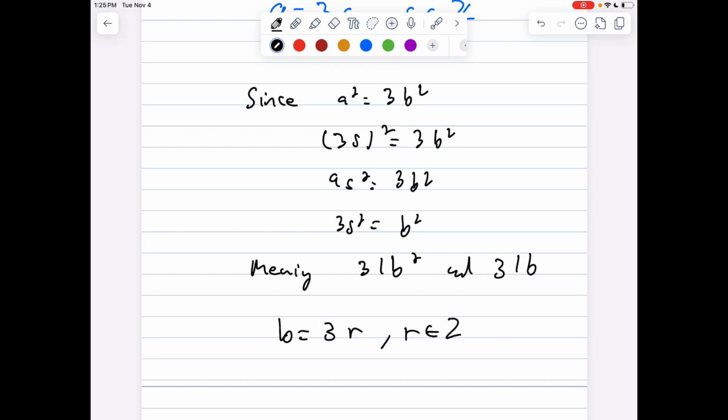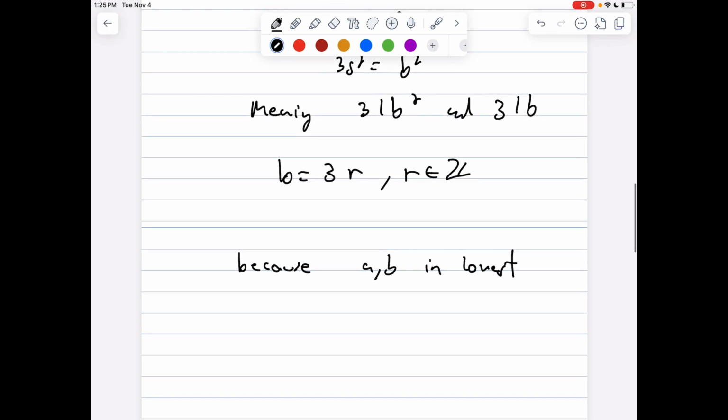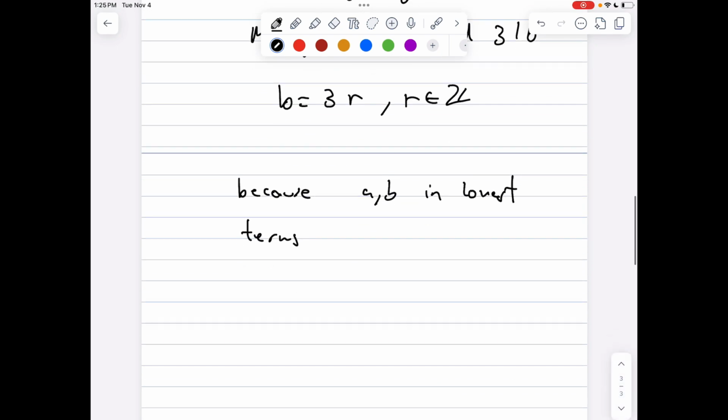But see, this is a contradiction, because a and b were assumed to be in lowest terms. So there's no divisor other than one that's common to both of them. Therefore, because 3 is a divisor of both, that is a contradiction.